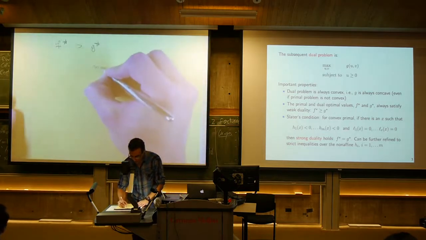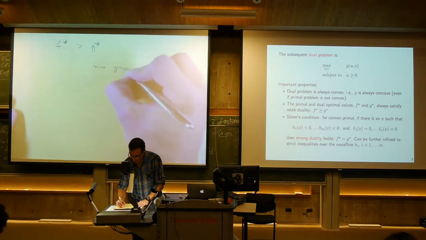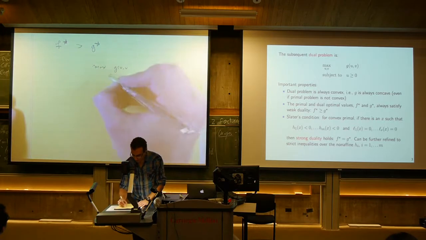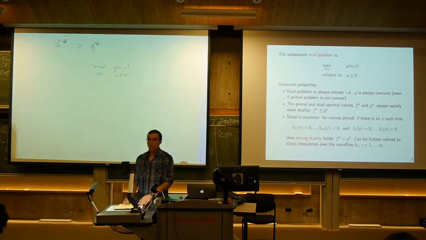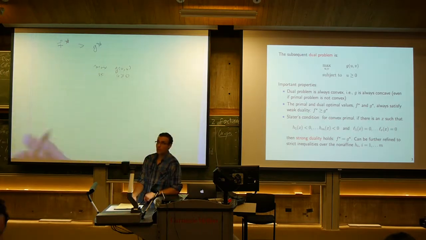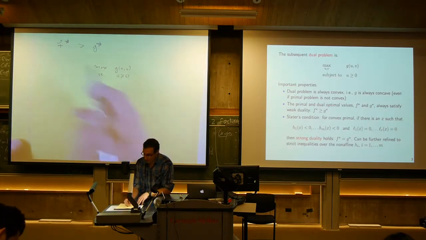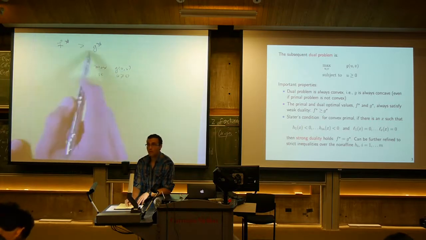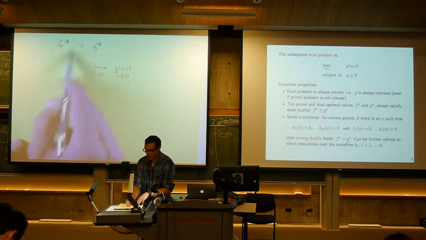So the dual is a maximization problem. It's a convex optimization problem. So where would G star star lie with respect to G star? It would be bigger than or equal to, right? Because we're providing an upper bound now. So in general, it's not really clear where that's going to lie, whether it's going to provide a lower bound.